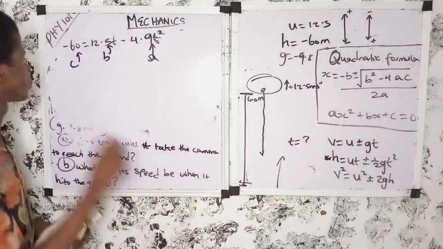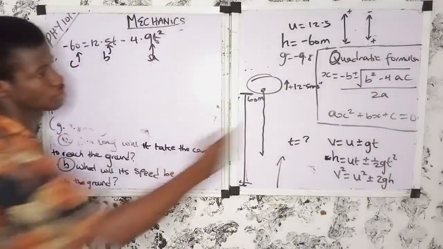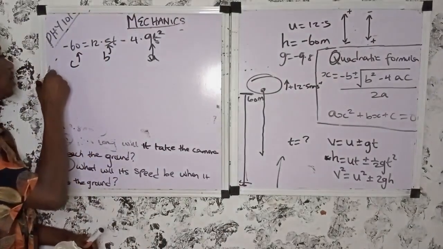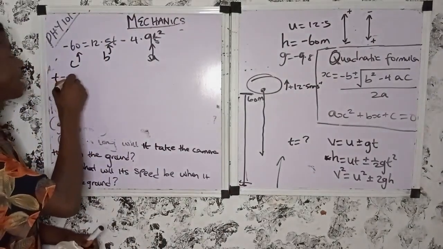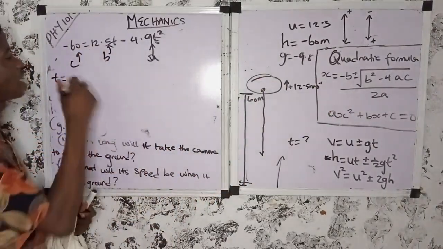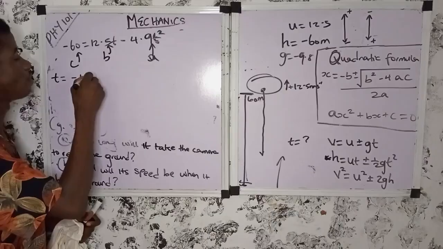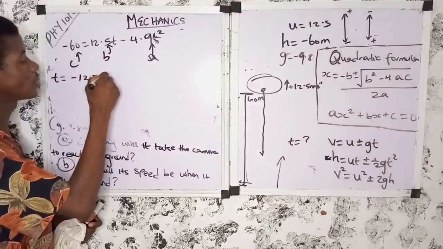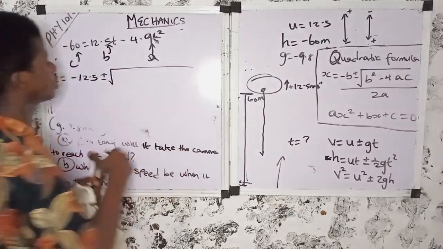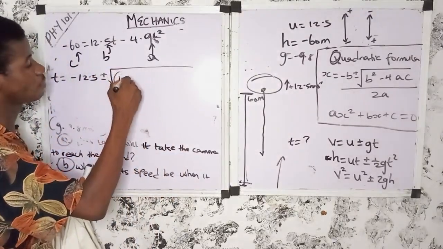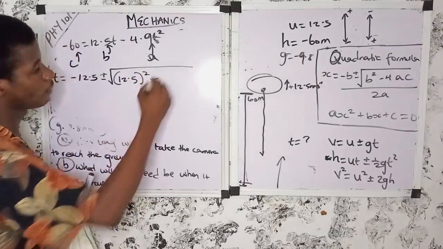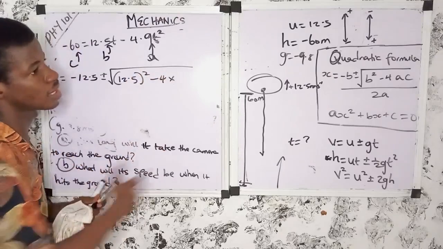So in the place of x, since we are looking for time, we'll put t, which is equal to minus b. Our b is what? Is 12.5, right? So minus 12.5, then plus or minus the root of b squared, so 12.5 all squared, then minus 4 times a.